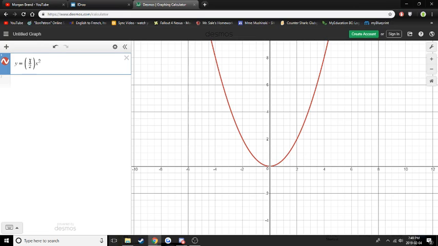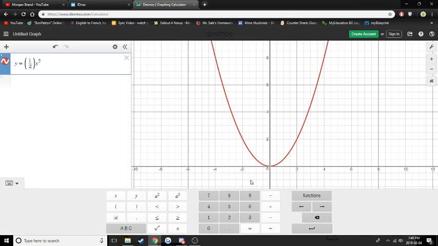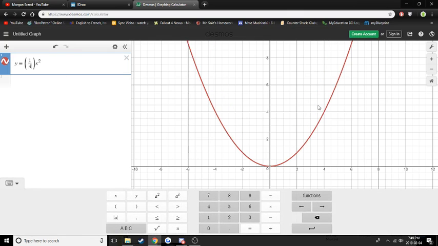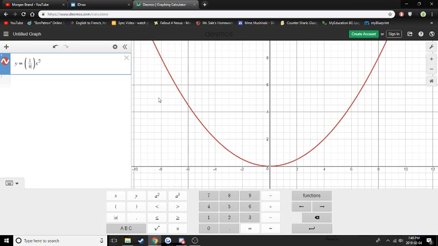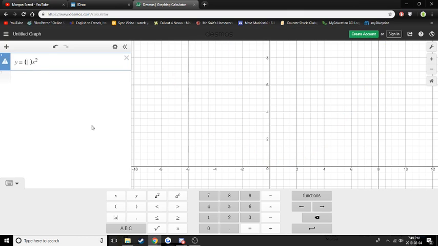So it divides each y value by 2, and this makes it wider. You can also do 4. The higher it goes, the wider it gets. 8, and it keeps getting wider and wider. Same as if you do like 6, or let's say 10, it gets really, really skinny.